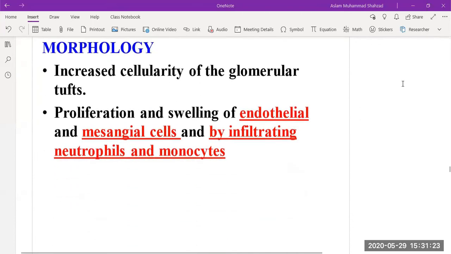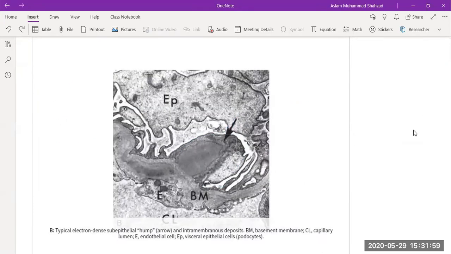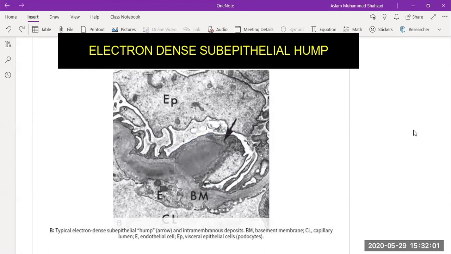Morphology consists of increased cellularity of the glomerular tuft, with proliferation and swelling of the endothelial and mesangial cells, and infiltrating neutrophils and monocytes. Let's take a look at the electron-dense subepithelial hump, with this arrow pointing out along the basement membrane. This is the dense subepithelial hump and intramembranous deposition.